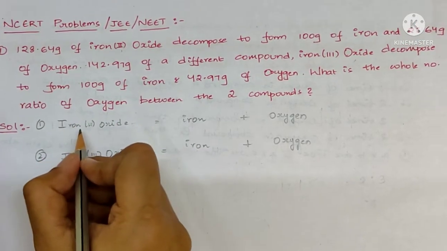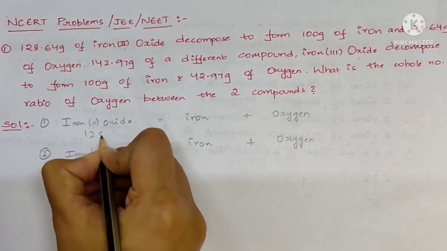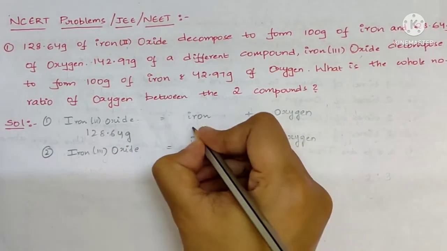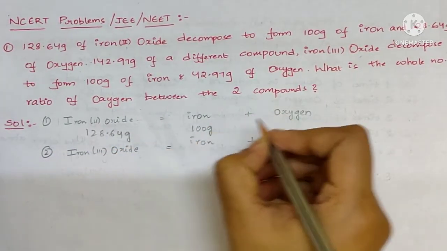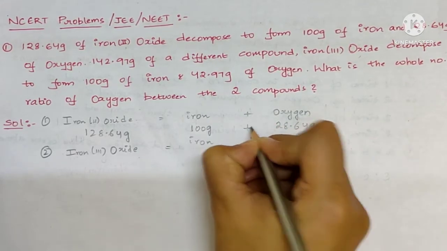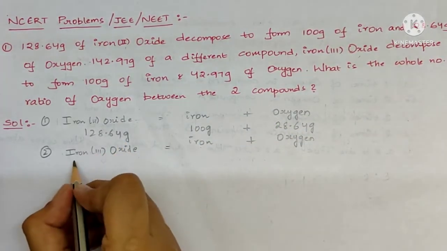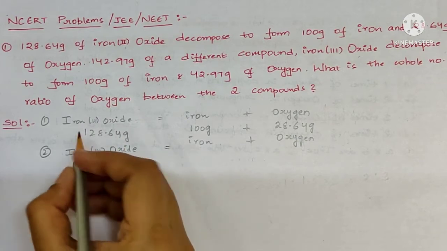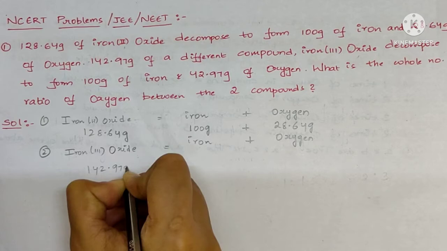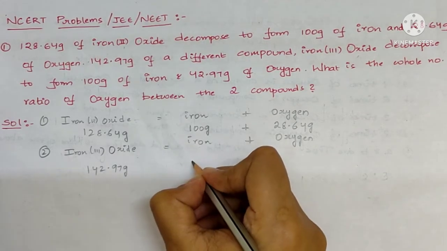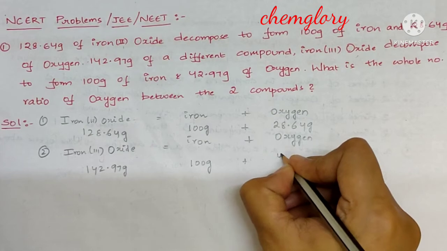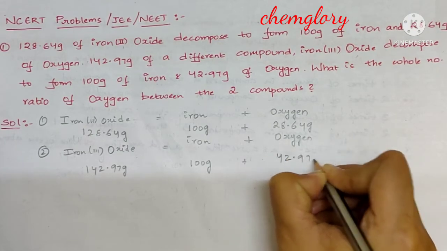What is the mass of iron 2 oxide? 128.64 grams. What is the mass of iron? 100 grams. And here 28.64 grams. Okay. And in the second case, mass of iron 3 oxide is 142.97 grams. And mass of iron is 100 grams. And mass of oxygen is 42.97 grams.